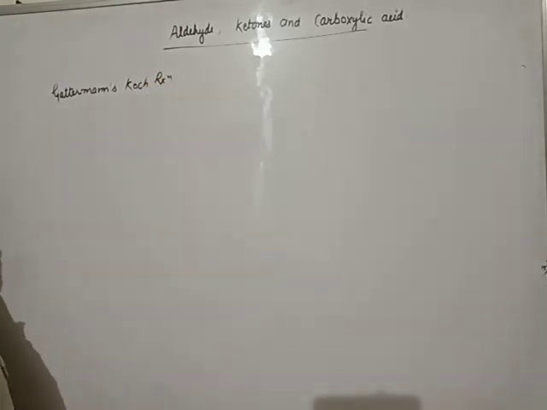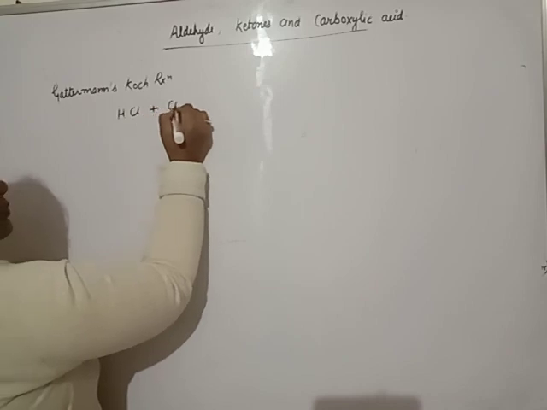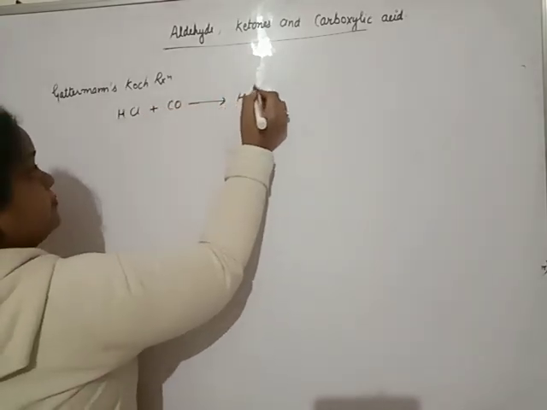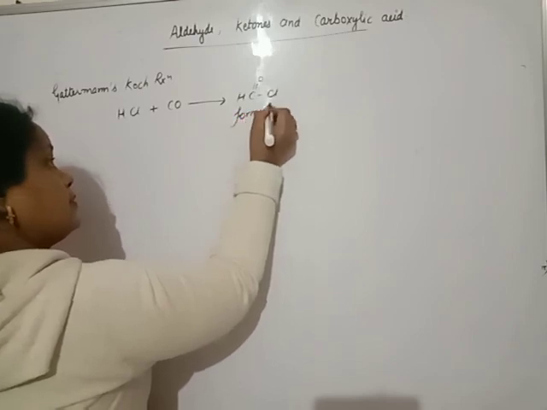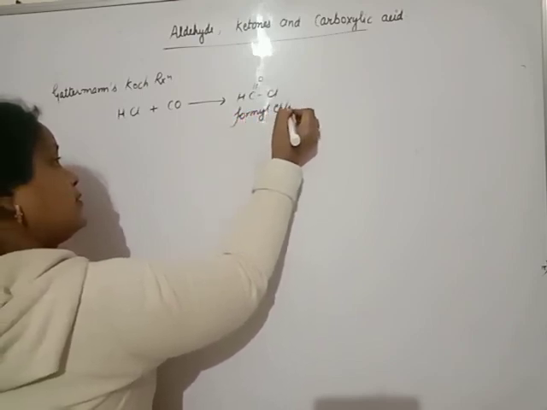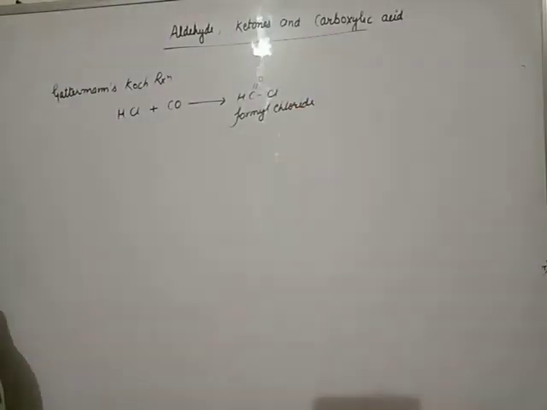In case of Gattermann-Koch reaction, beta, we will prepare formyl chloride on the spot. Formyl chloride, if formed and not used, it will again dissociate.